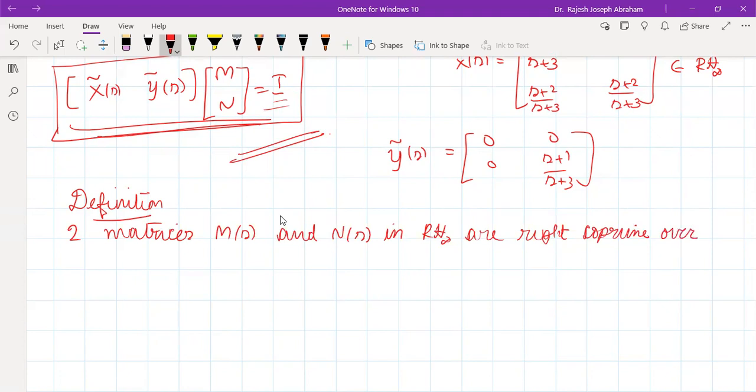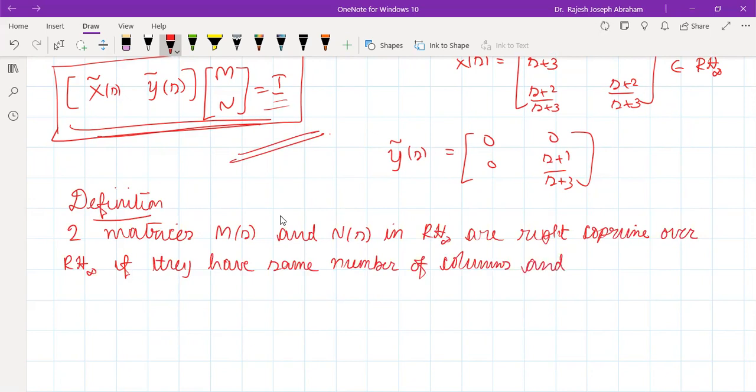They are right coprime over RH infinity space if they have same number of columns, and if there exists matrices X tilde and Y tilde.